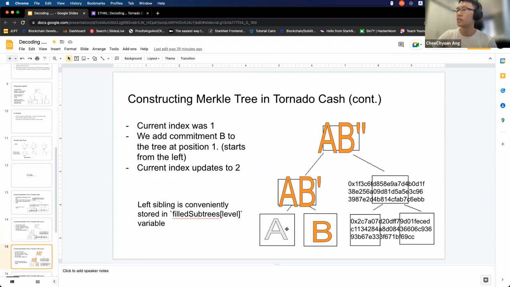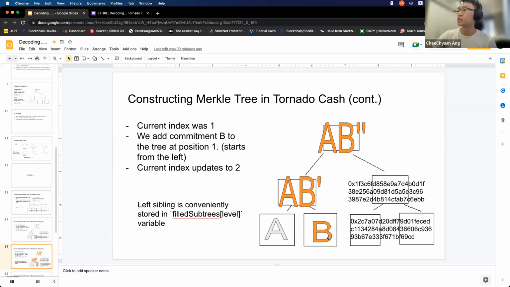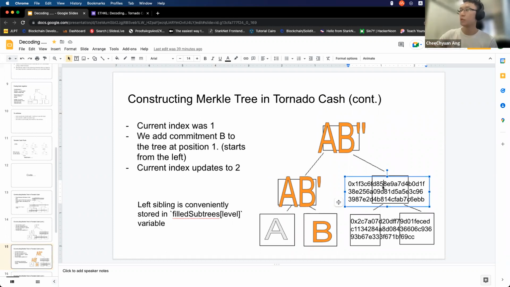We know A already, because we calculated it before, and we can use this one and this one to form AB prime. Then we use this one and the 0th node on the sibling, because these two are empty, so this one will be 0 as well. We combine these two to form AB double prime, and so on and so forth.